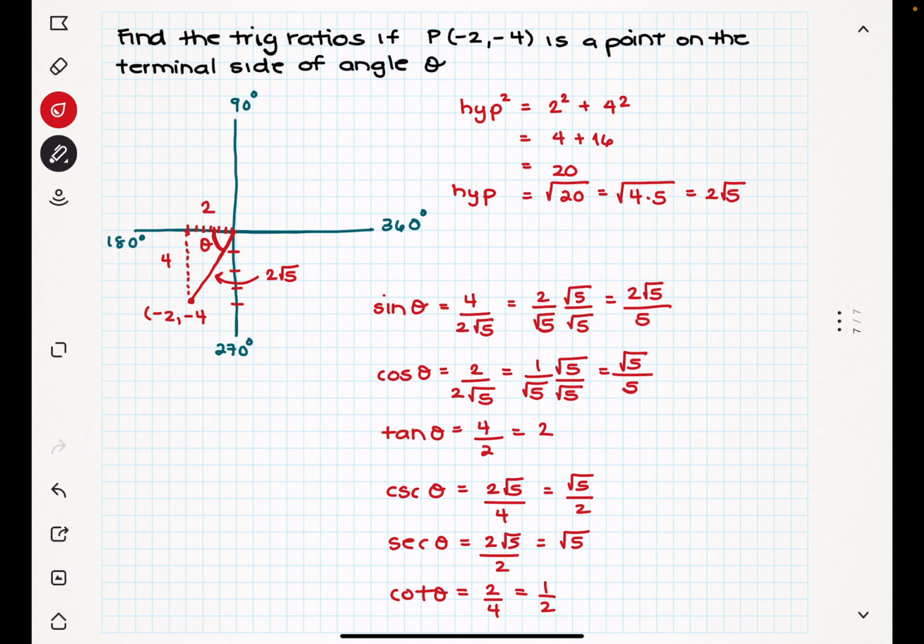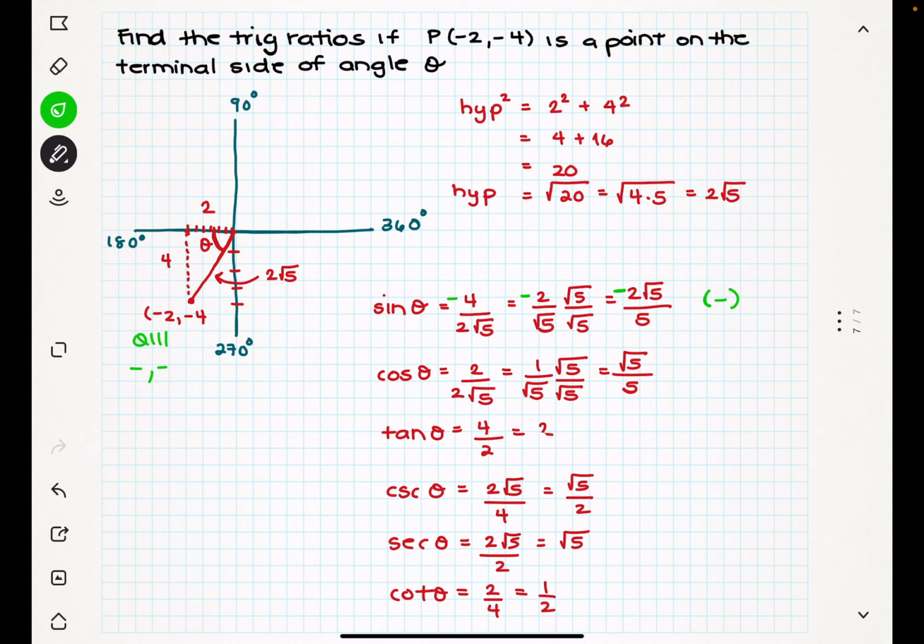Okay, so now let's analyze the signs. For quadrant 3, I have negative and negative, which you can see by the signs of your numbers. So if we have negative and negative, my distance, my radius, is always positive. So I'm going to have a negative 4, so this is going to be a negative trig ratio.